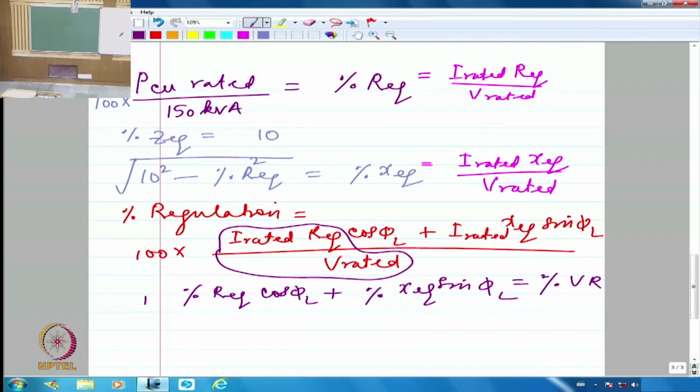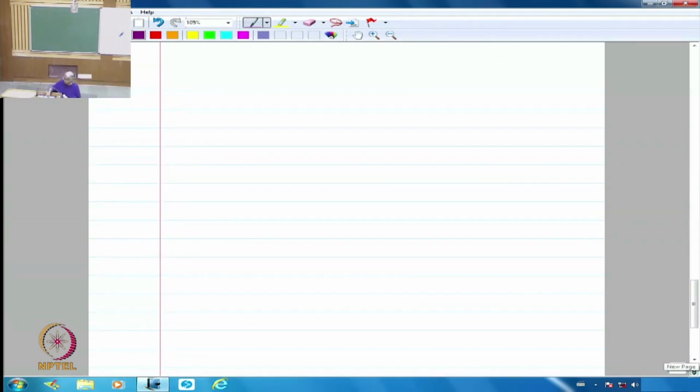His question is about the 6th problem in the tutorial sheet. He says, when we drew the phasor diagram for the transformer, if you may recall, let's say this is V2 or V2 dash, if I am talking about it from the primary side.